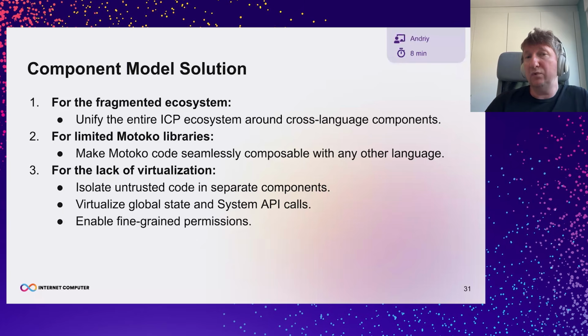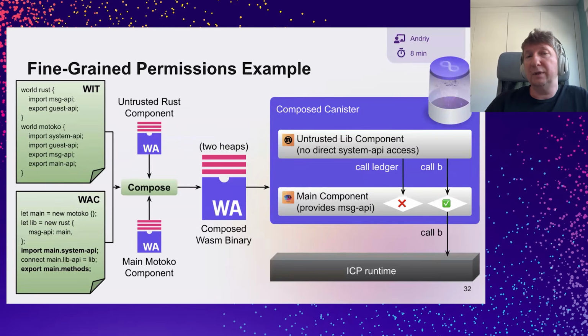This is a big step forward for on-chain security, and to illustrate this, on the next slide, please, here is a specific security example. A trusted main component written in Motoko controlling an untrusted library component written in Rust, both running inside the same canister. The components are fully isolated and each has its own heap memory.